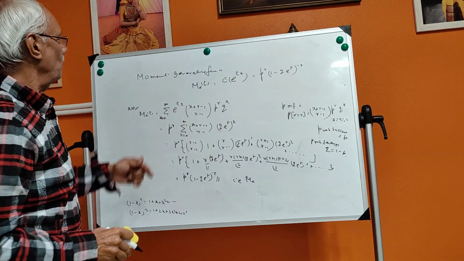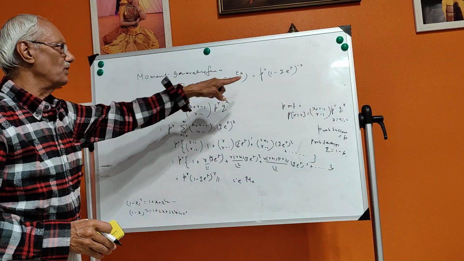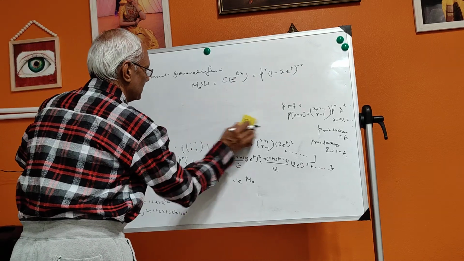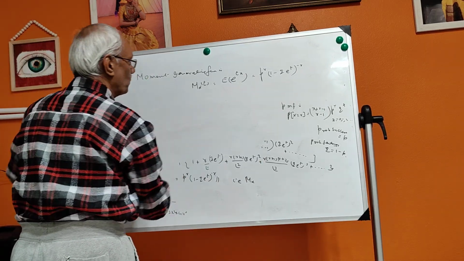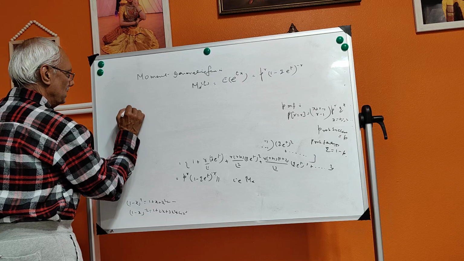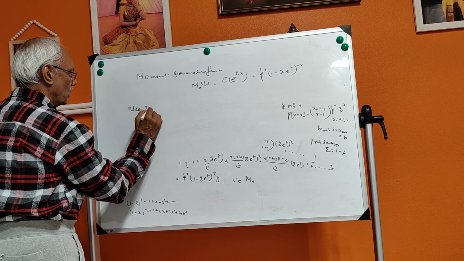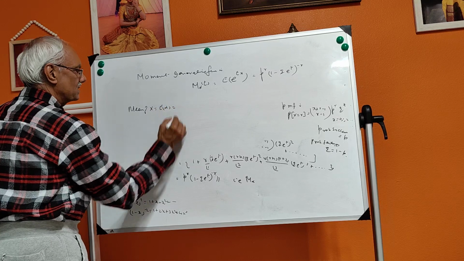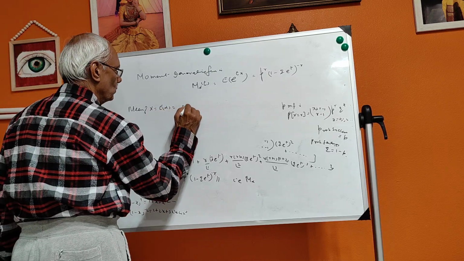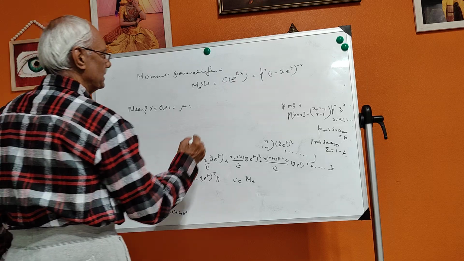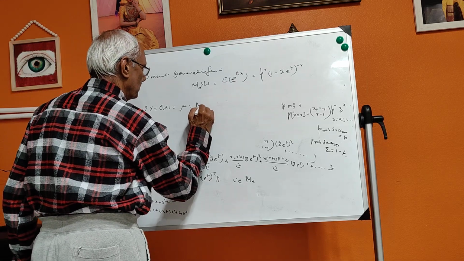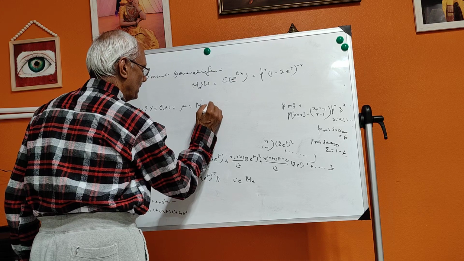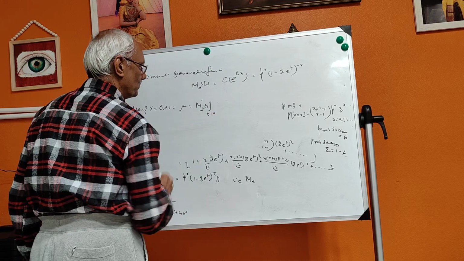So this is the value of the moment generating function M_X(t). Now let us find out what is the mean of x. So mean of x, that is E(X) = mu, is nothing but M'_X(t) at t = 0.